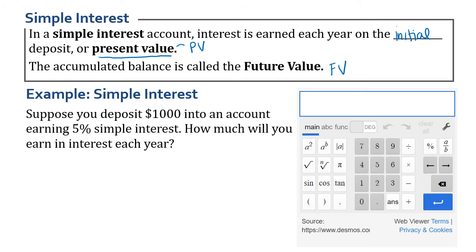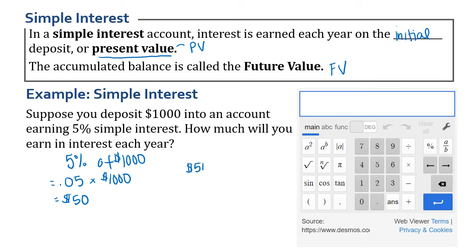If we're earning 5% interest, that means I'm earning 5% of $1,000. Remember in math, we'd write 5% as 0.05. The word "of" is multiplication, and then multiplied by 1,000, and that's going to end up giving us $50. So this would mean that we would earn $50 in interest each year.